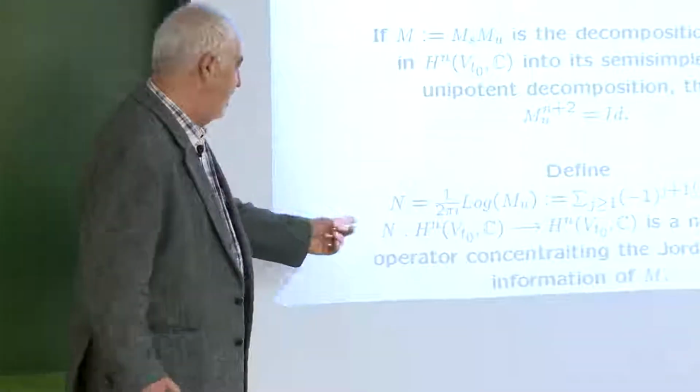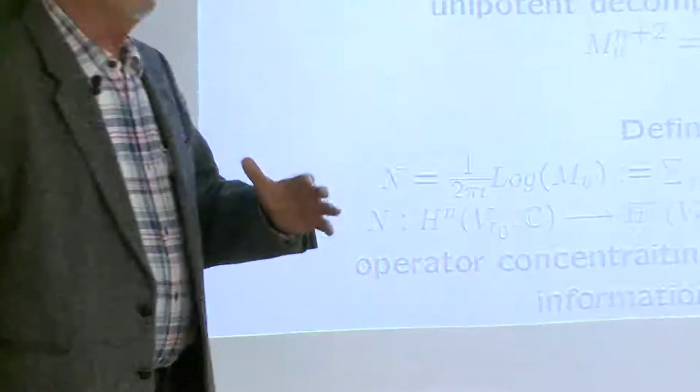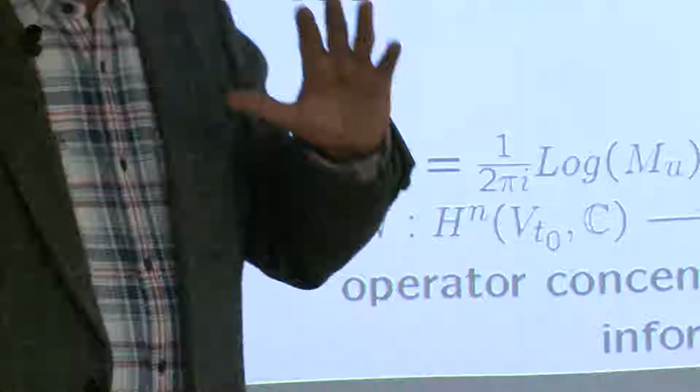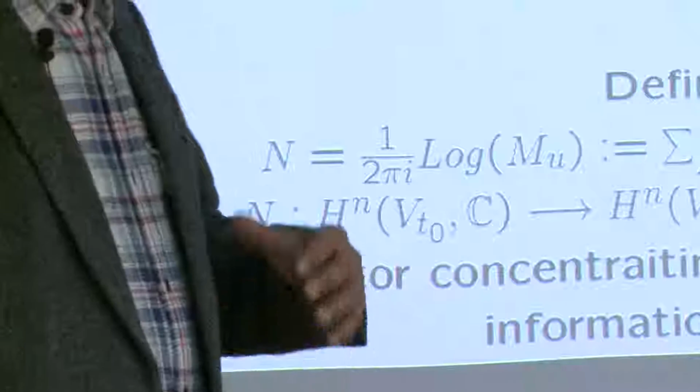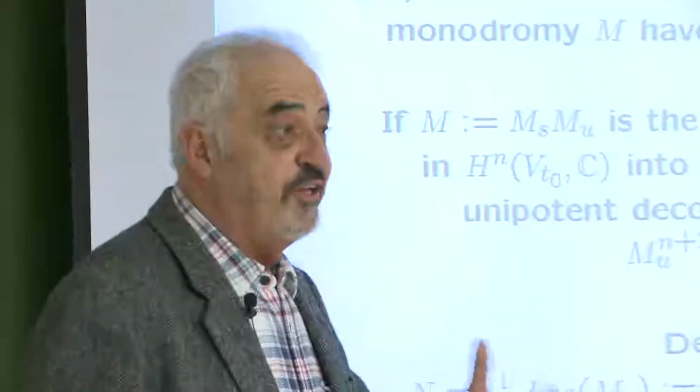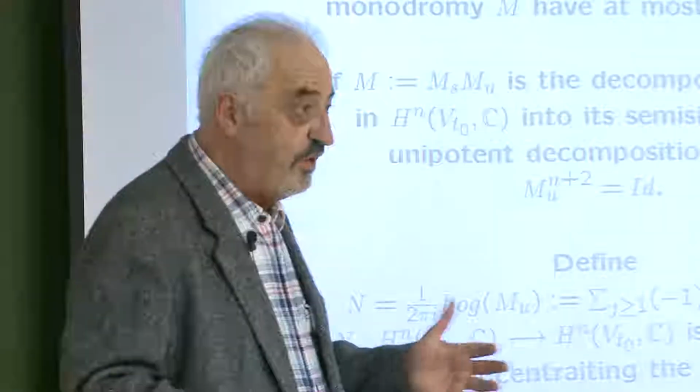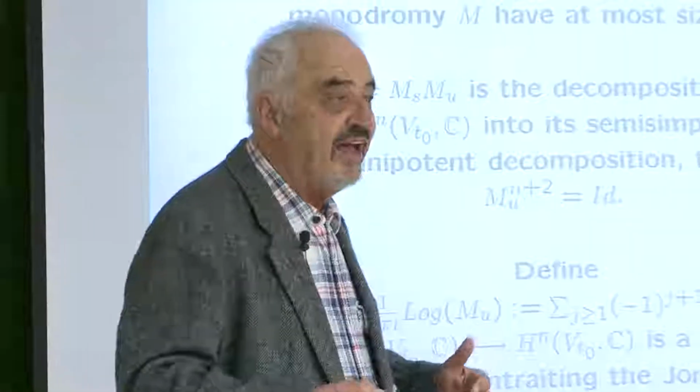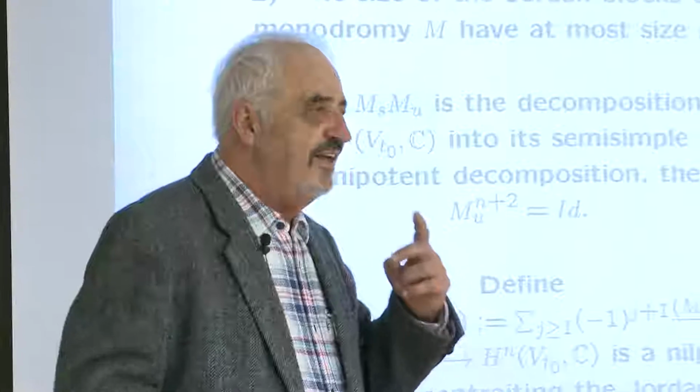Because in this map there will be a filtration, so you can consider intuitively the kernel of N, the kernel of N squared, the kernel of N cubed. You can do this, and then you get a flag.